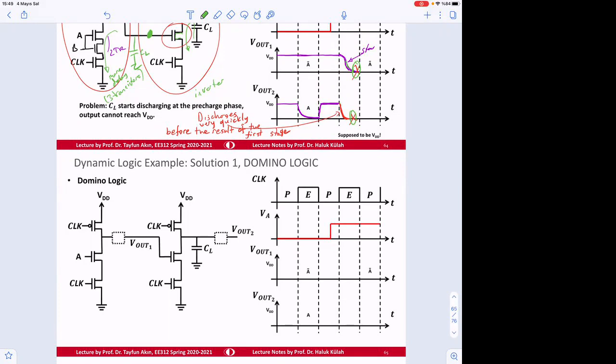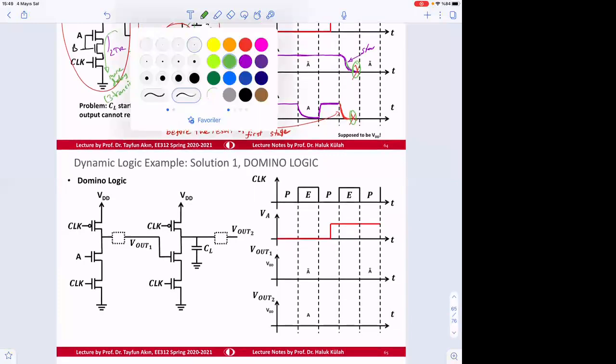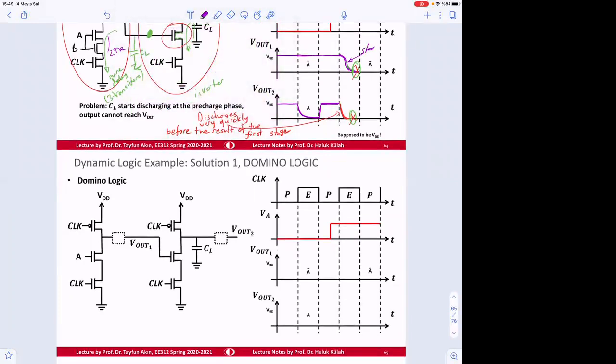And one way to prevent that problem is to use an inverter here. So if we use an inverter here, then the default value is not going to be turning this next gate on. So the default value is going to be the off value.